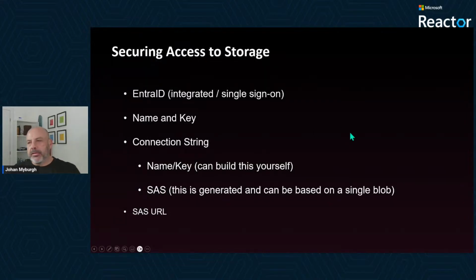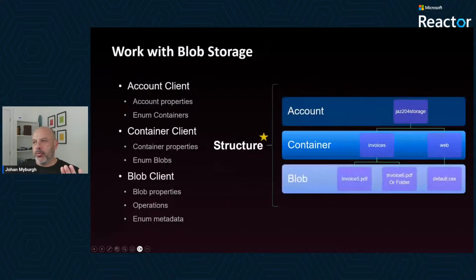Okay, so we've spoken about the authentication, and when we talk about this specific service, the blob storage account, there's a structure involved here, and the structure has 3 building blocks. You can see there that we've got a storage account, a storage container, and a storage blob. Now, this is very easy to understand.